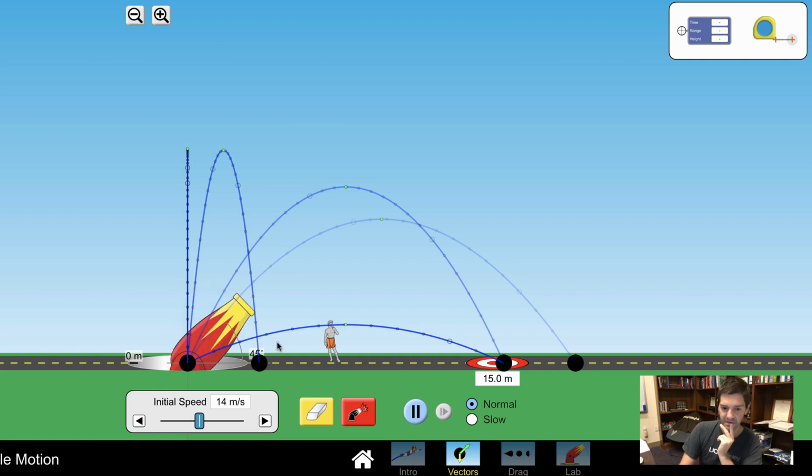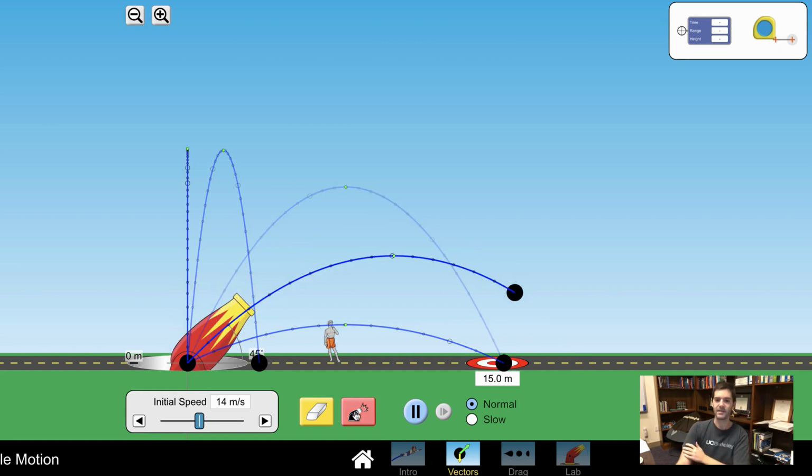So there is a sweet spot, which ends up to be about 45 degrees. And if you think of your trig functions, it's not too shocking because the cosine of 45 degrees is the same as the sine of 45 degrees. So you have some speed and you're distributing the wealth equally to your vertical motion and your horizontal motion.